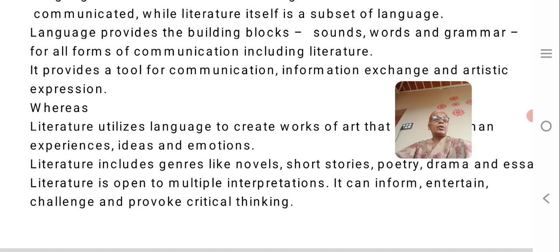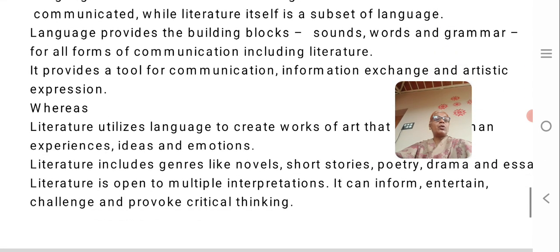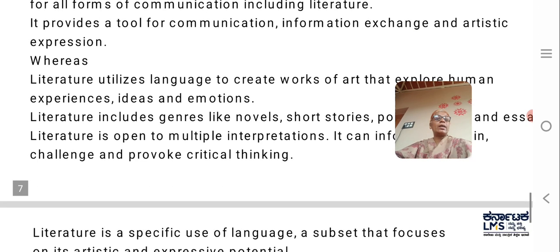Whereas literature utilizes language to create works of art that explore human experiences, ideas, and emotions. Literature, with the help of genres like novels, short stories, poems, dramas, and essays, opens up multiple interpretations. They inform, entertain, challenge, and provoke critical thinking.